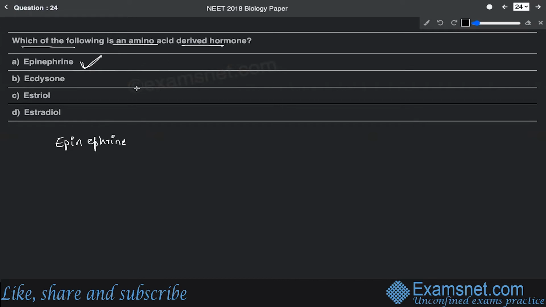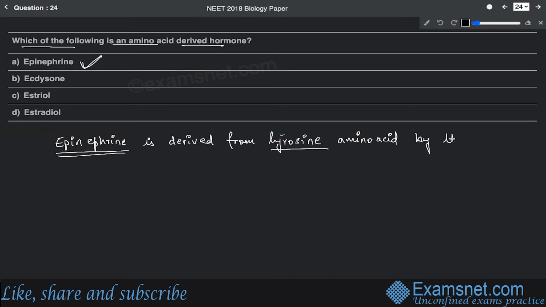That means it is an amino acid derived hormone, because epinephrine is derived from the amino acid tyrosine, by the removal of the carboxyl group.